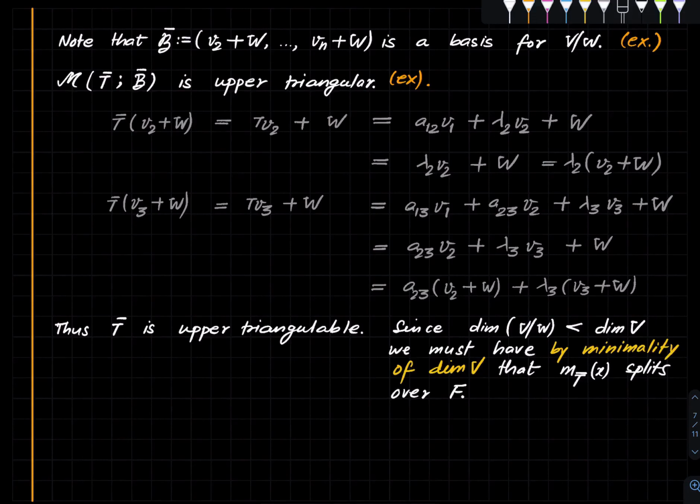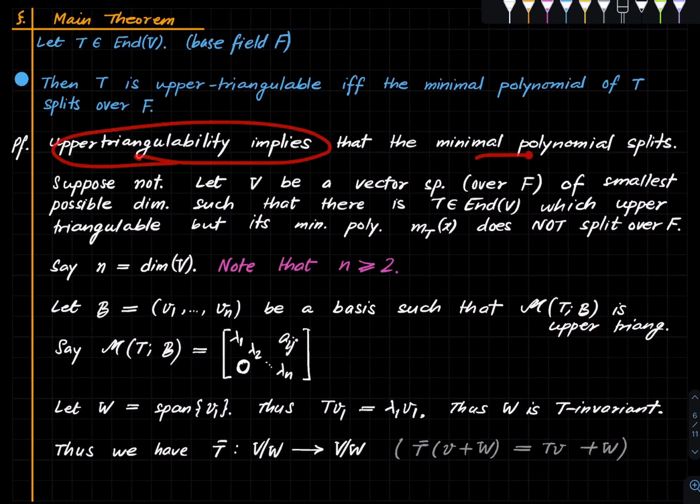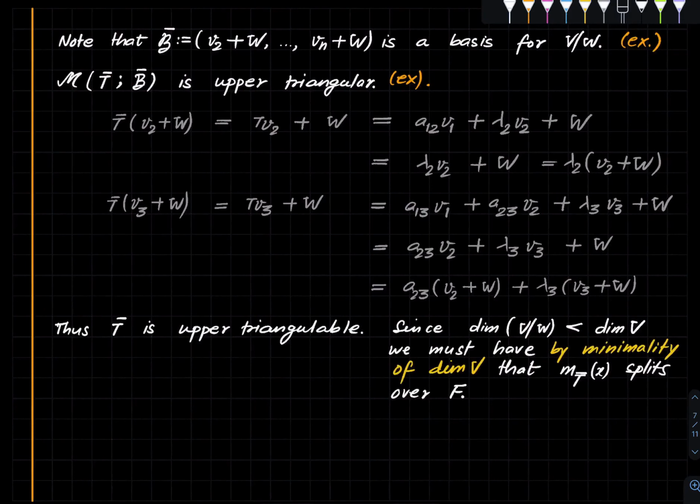Right, V was a vector space of smallest possible dimension which furnished the counterexample to our claim. Which claim? The claim that upper triangulability implies the splitting of the minimal polynomial. Since we have an upper triangulable endomorphism on a smaller dimension vector space, V mod W, the minimal polynomial of this guy better split. It has to split over the base field.